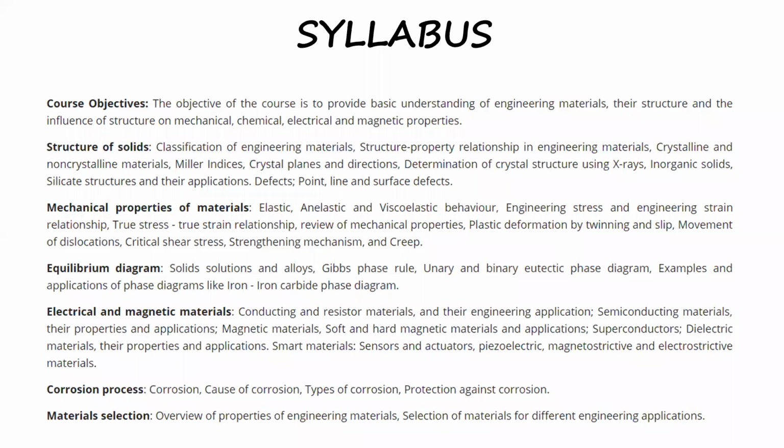So why is this course so critical? What is the objective behind learning this course? You are aware that irrespective of the branch, engineers require materials, and materials with diverse properties.